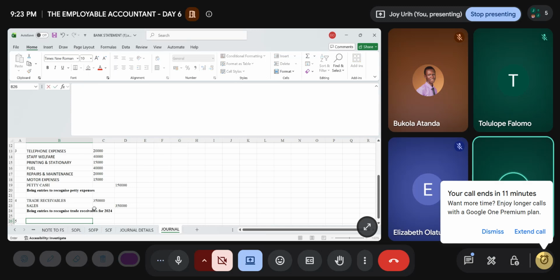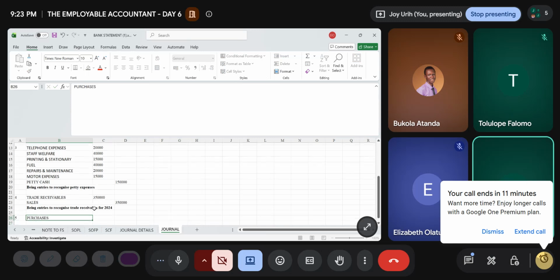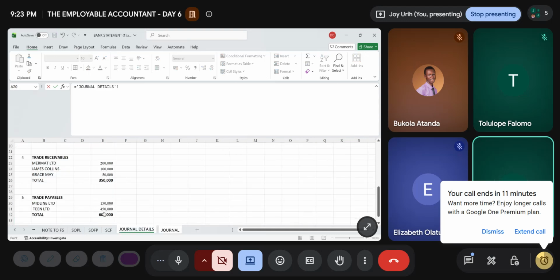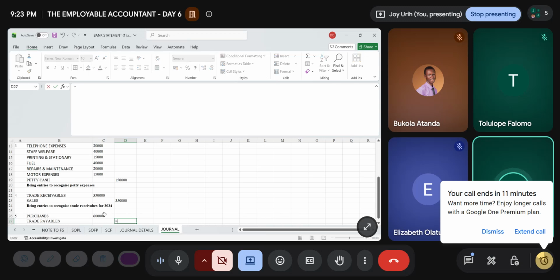So we have purchase account and trade payables. So our purchase account will be debited 600,000, the total sum.